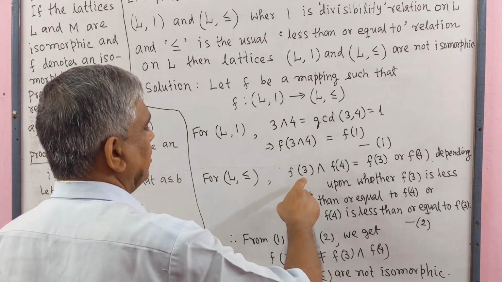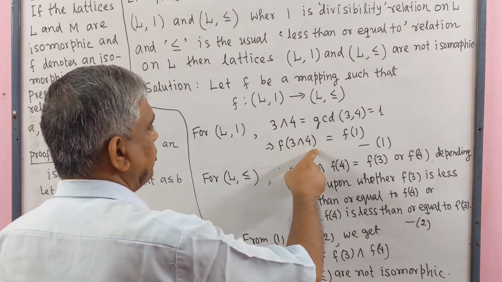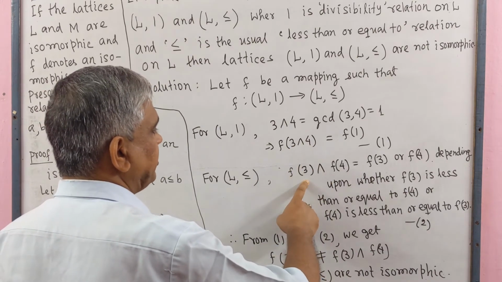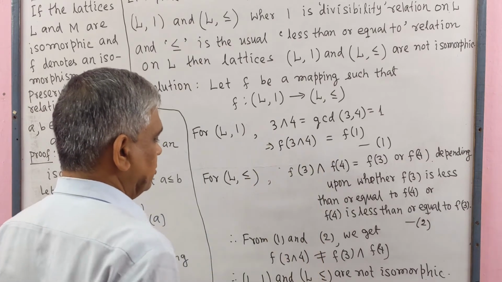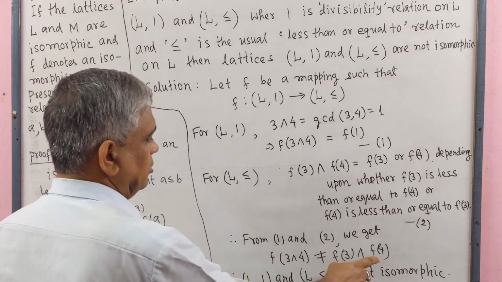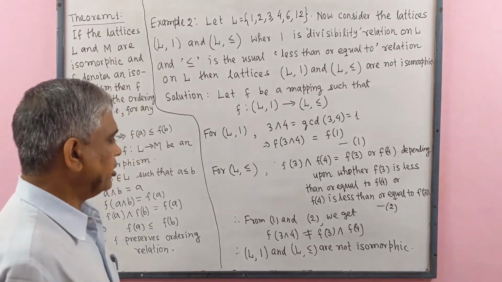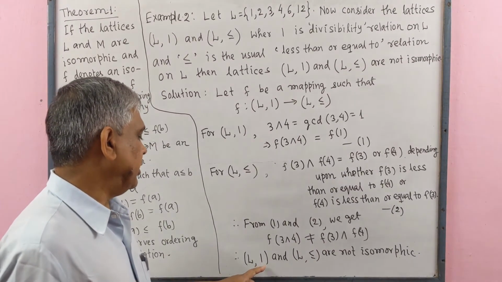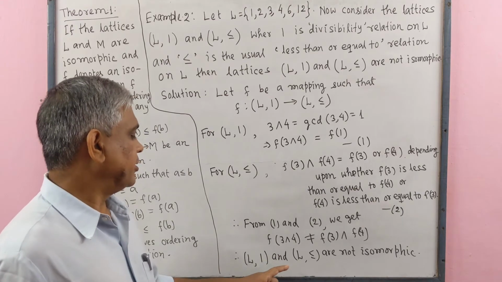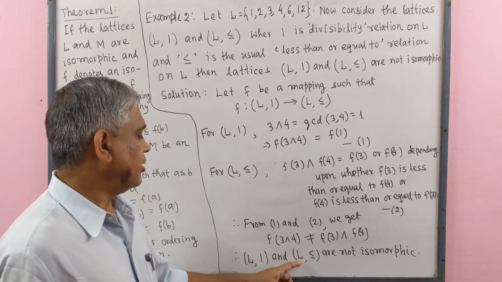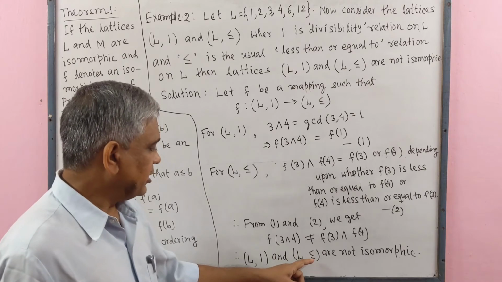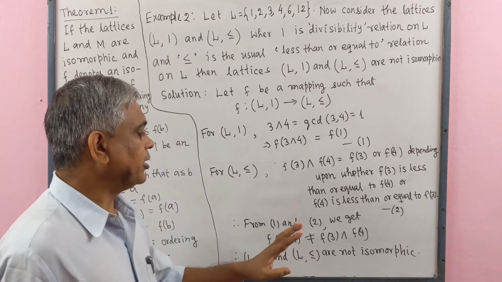Therefore F3 meet 4 not equal to F3 meet F4. Therefore, L with divisibility relation and L with relation less than or equal to are not isomorphic.